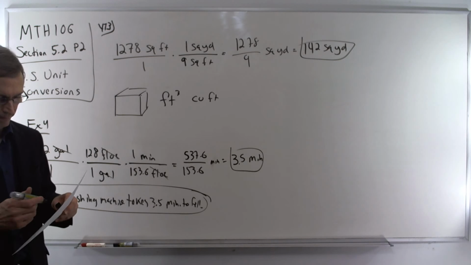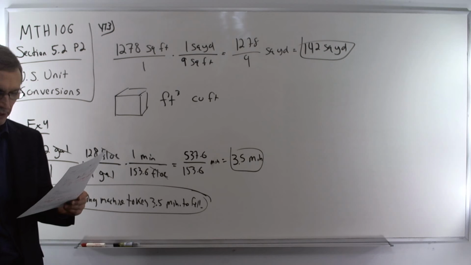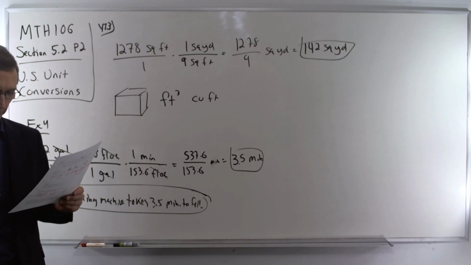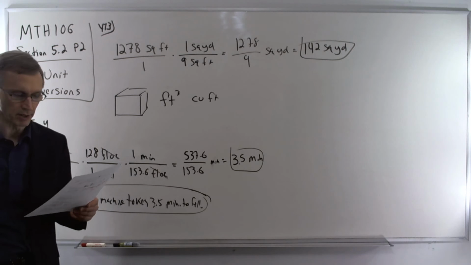Your turn number 4. A homeowner is planning to purchase new carpeting. After taking measurements of the house, total area of the carpeted rooms is found to be 1,200 square feet. If the carpeting costs $21 per square yard, how much will it cost?